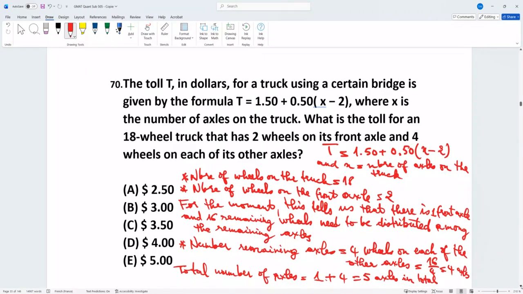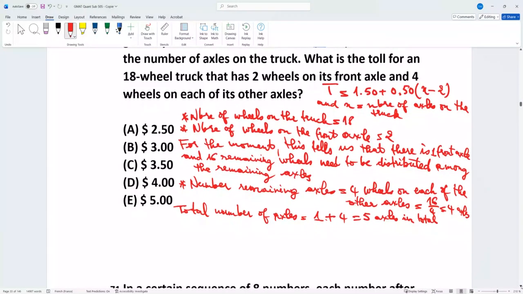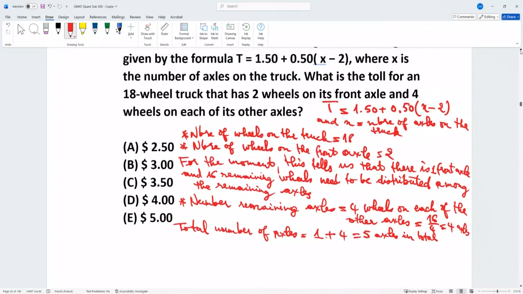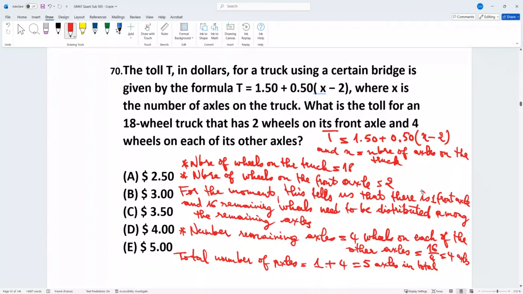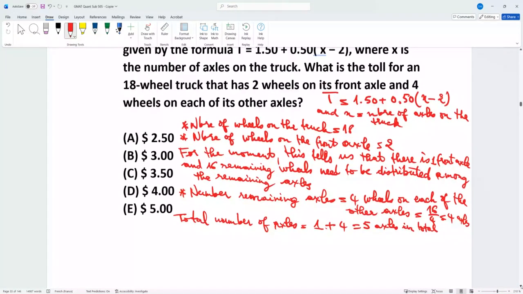So that's the logic on how to solve this particular question. So now when we have our formula here, and the prompt says that X is actually the number of axles on the track, we've been able to find X. So we can simply say then our formula T is equal to 1.50 plus 0.50 times 5 minus 2 like this.